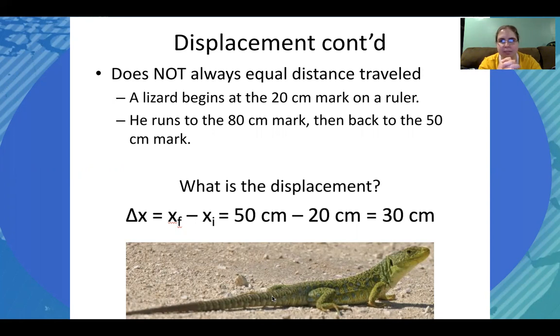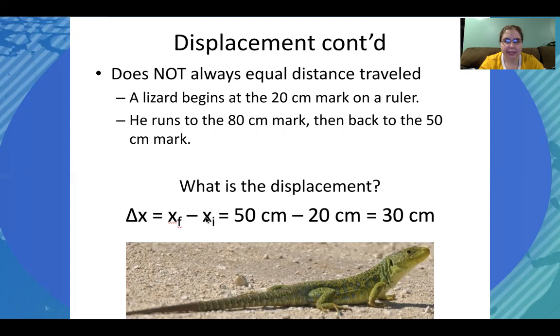But his displacement is the difference between where he started and where he ended up. Where did he start? His initial, so delta x. The delta is a Greek letter, it means change in. So delta x, the change in position, equals xf, final position, minus xi, initial.